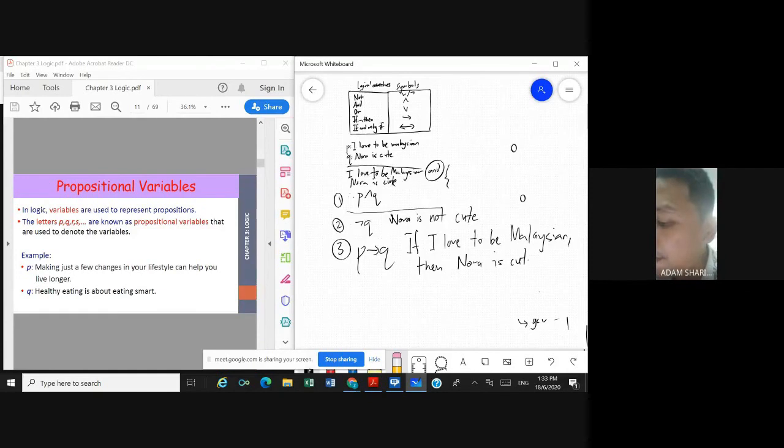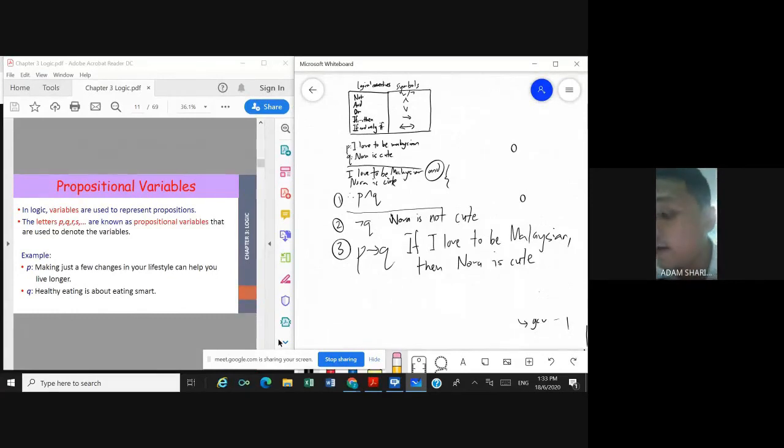Okay, for example 3, some of you might ask me, what is the meaning of this? This does not make any sense. Bear in mind, the logic field does not state whether this statement is correct or not. They just evaluate whether that argument can be used.